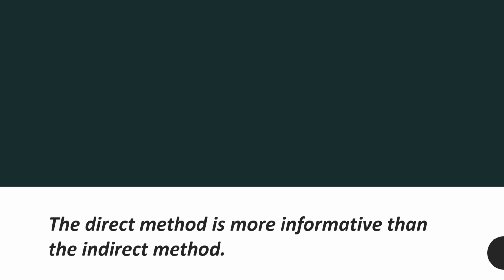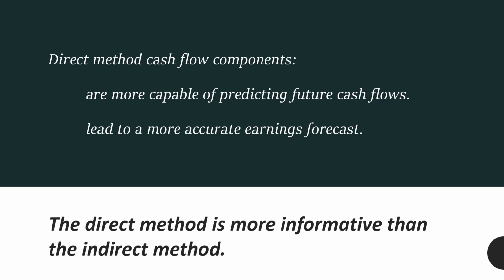So which method is more informative? Research evidence suggests that the direct method is more informative than the indirect method. In particular, when it comes to forecasting future cash flows, cash flow components reported under the direct method are collectively superior in predicting future cash flows compared to earnings or accruals.